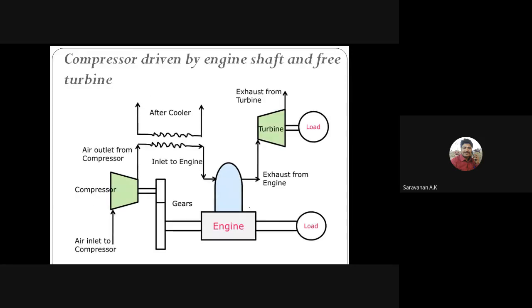In this arrangement, the power produced by the engine is utilized only to run the compressor, and the exhaust gas coming out from the engine is utilized to run the turbine.